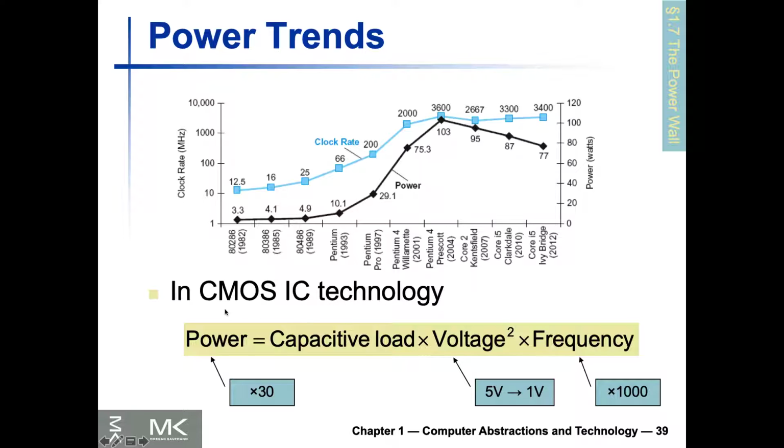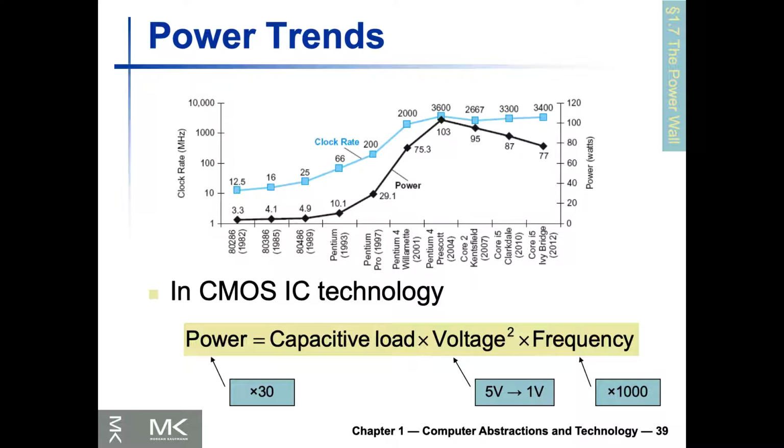CMOS is a technology underneath your IC. It stands for complementary metal oxide semiconductor, and it is used for constructing ICs, including microprocessors and anything else.